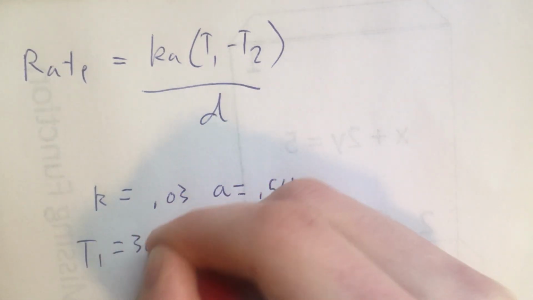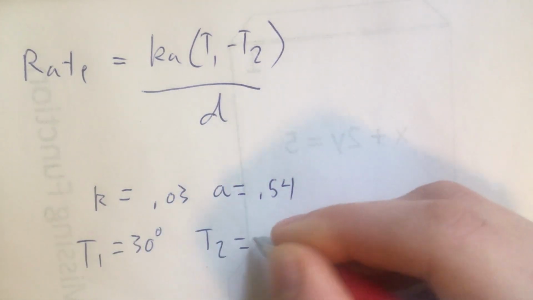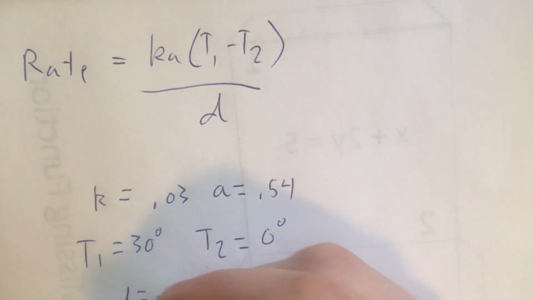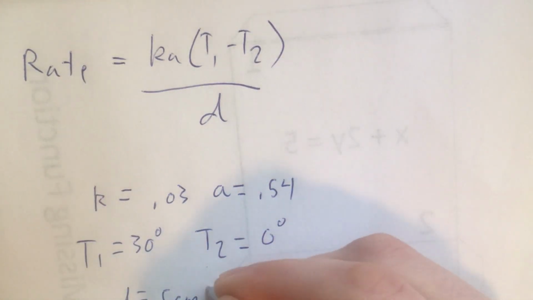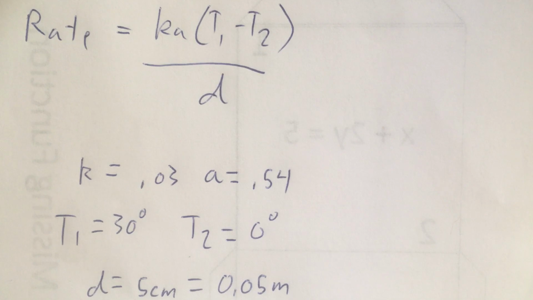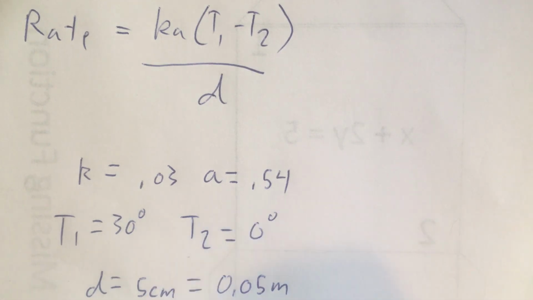T1 is going to be 30 degrees. T2 is going to be 0 degrees. And then D is going to be 5 centimeters. So now it's 0.05 meters. All right, sorry about that. The thickness is 5 centimeters or 0.05 meters.